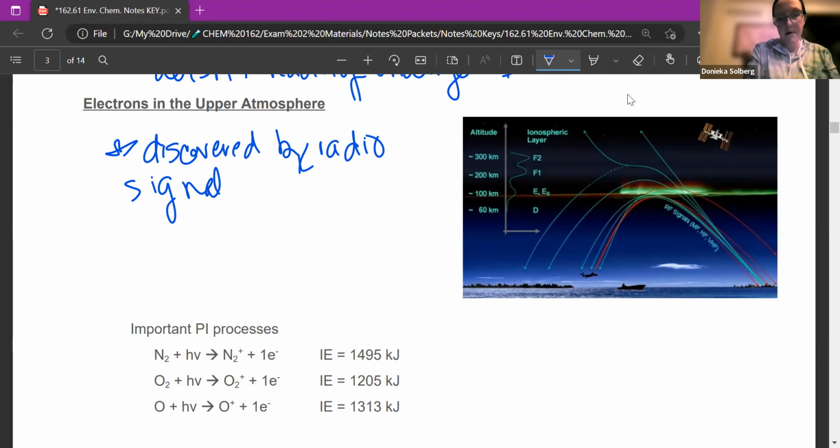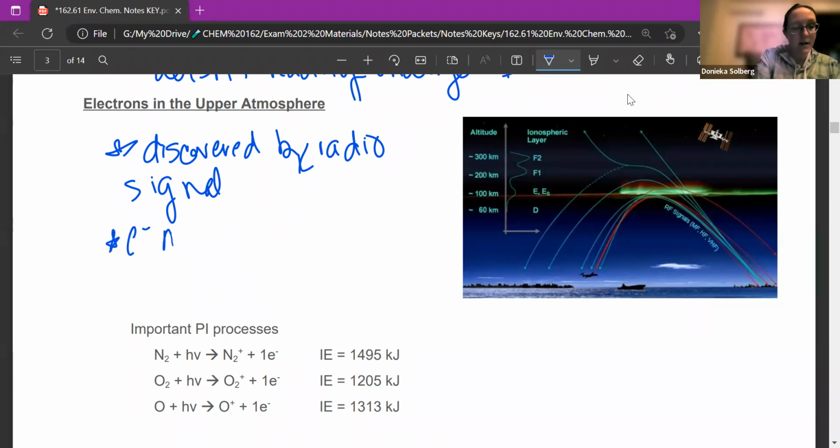Okay, so you can kind of see in this little chart here, as we were getting up into the ionosphere, they're actually detecting those waves because we were seeing variations of what our radio waves were doing. They were actually bouncing off. So they were discovered by radio signal. Electrons must be abundant up there.